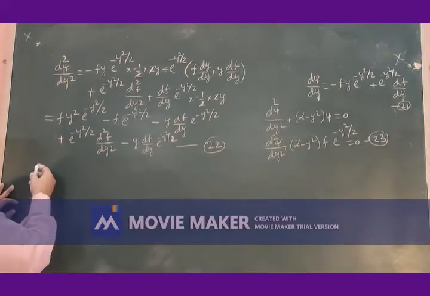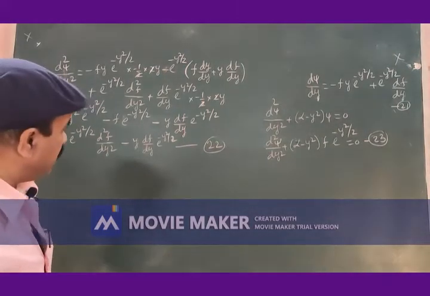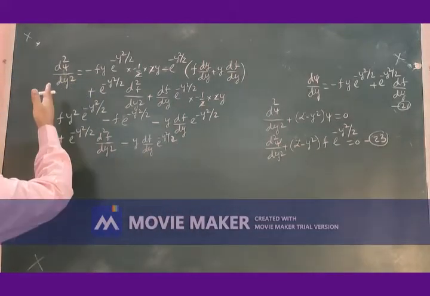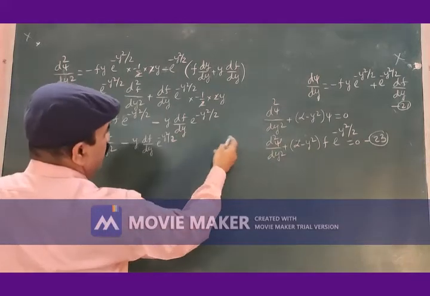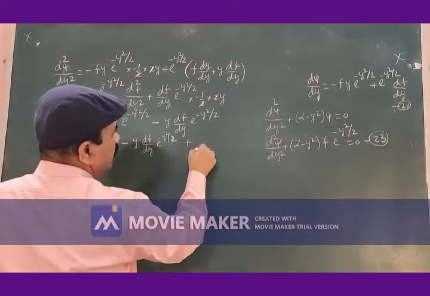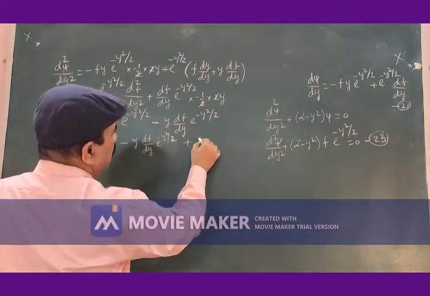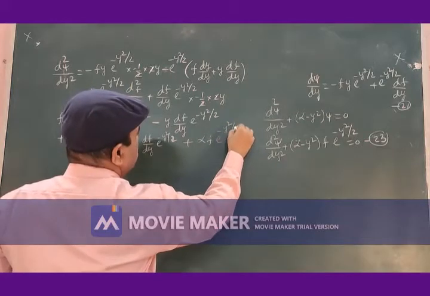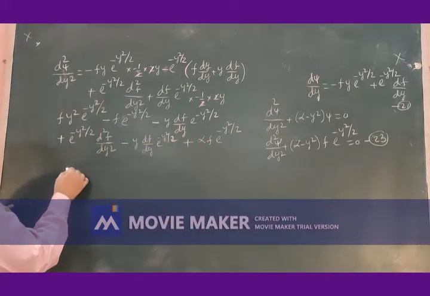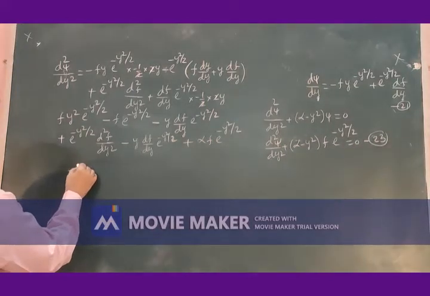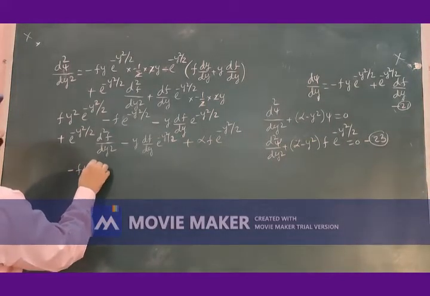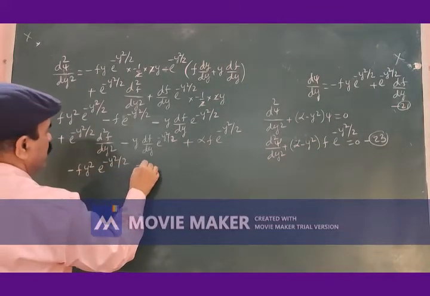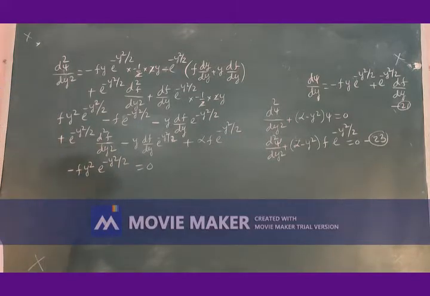So, let me write it here. d2 psi by dy square is this, plus alpha f e to the power minus y square divided by 2, minus f y square e to the power minus y square divided by 2 is equal to 0.